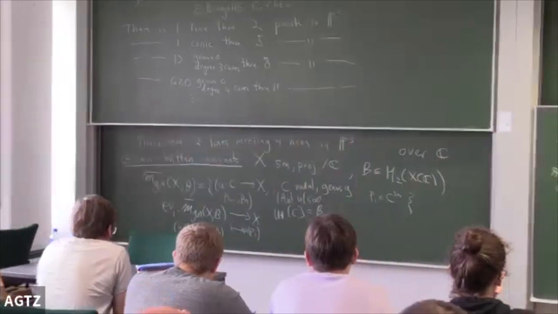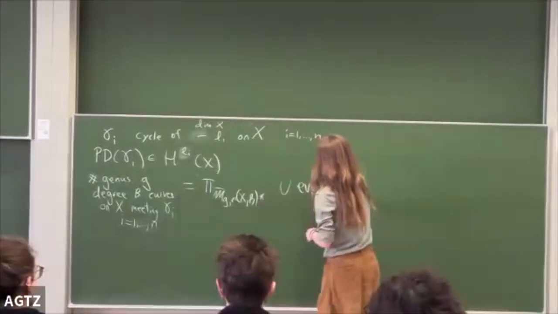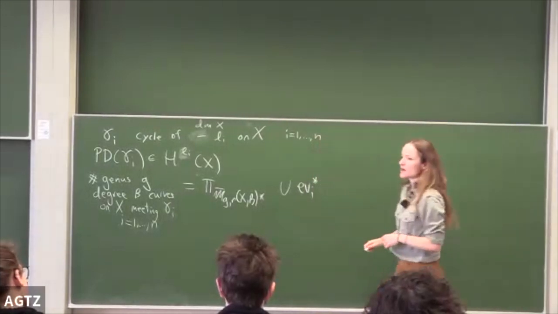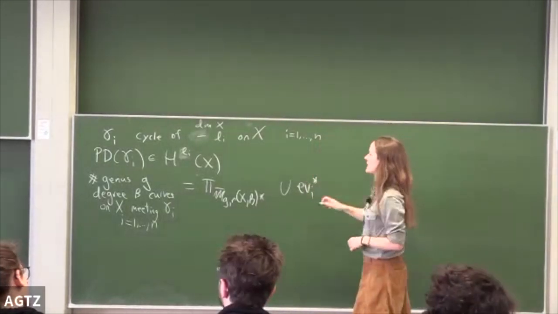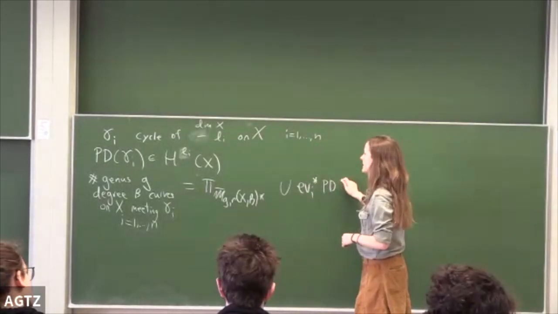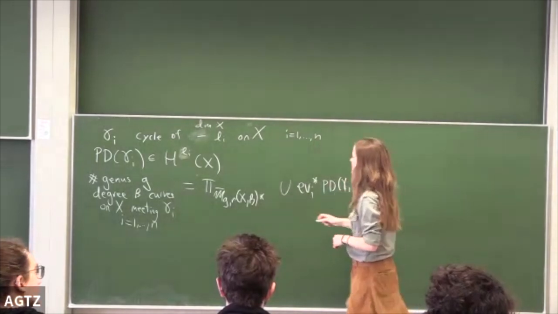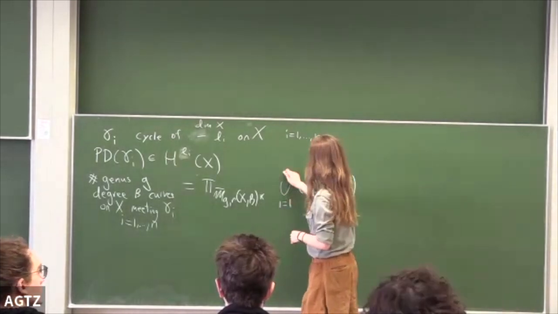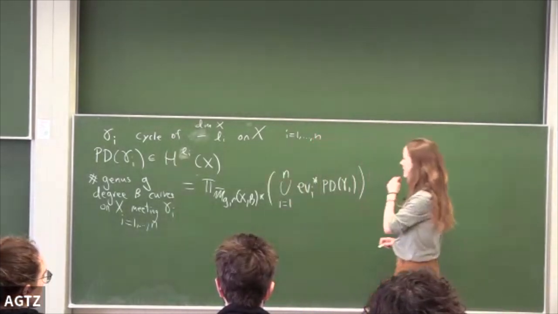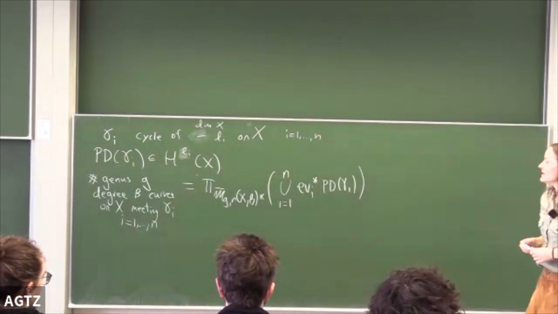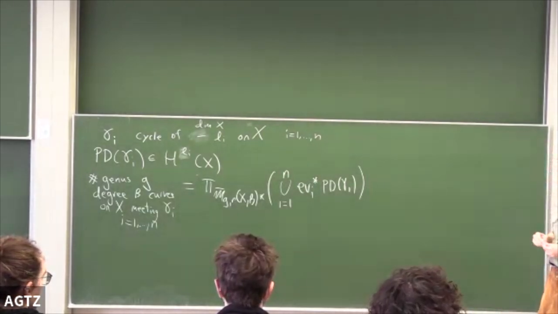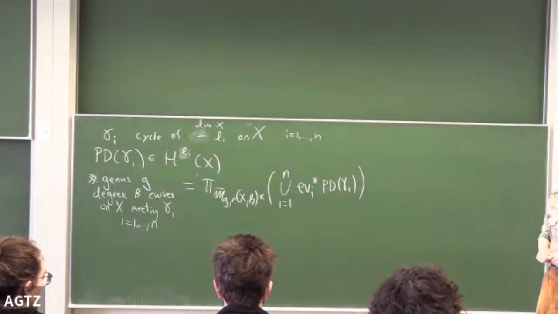So we want to require that, let's say, the ith point meets the ith cycle. So we pull back the Poincaré dual of gamma_i, and we take the cup product of all of these. Those are conditions on the curve.